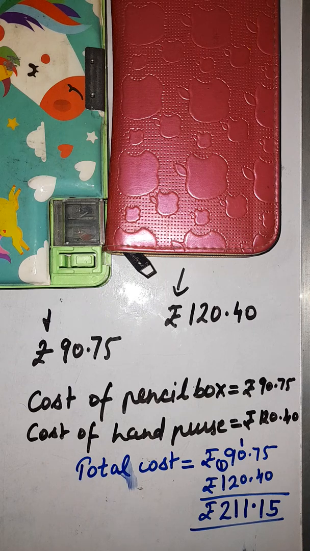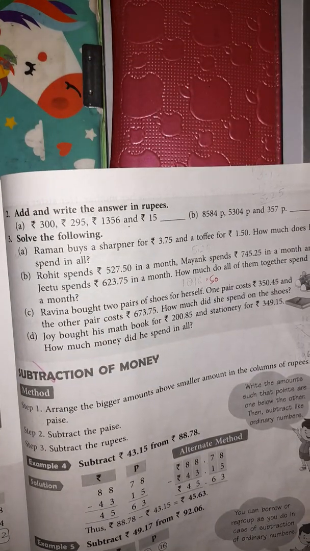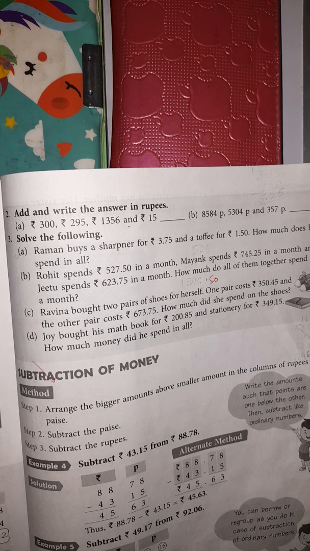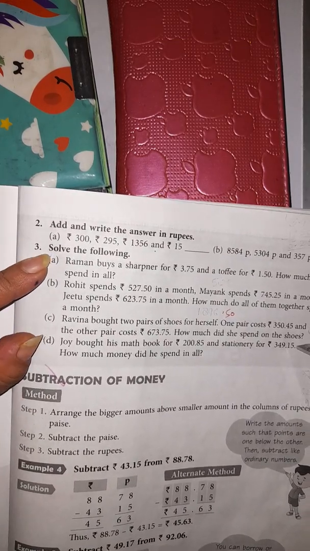Look here, this is exercise 9c. Some additions we have done in our last tutorial class. We have completed the additions. So here we have some story based questions. Look at question number 3. Solve the following.